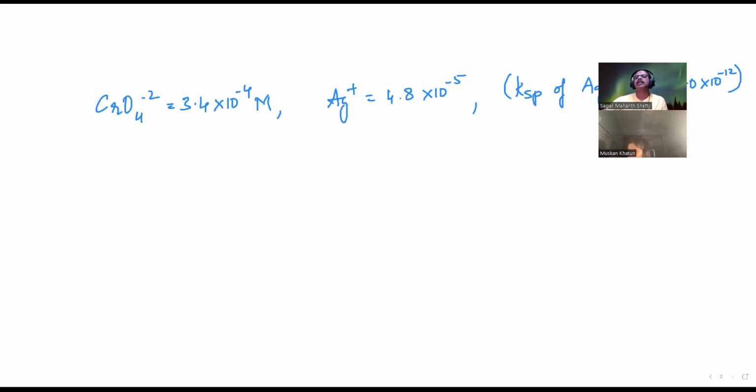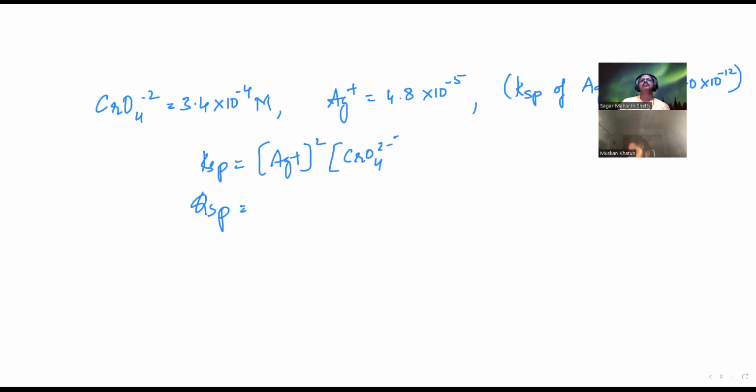How did you write the QSP? The KSP would be equal to, first of all, silver, times CrO4, which has got 2 minus.